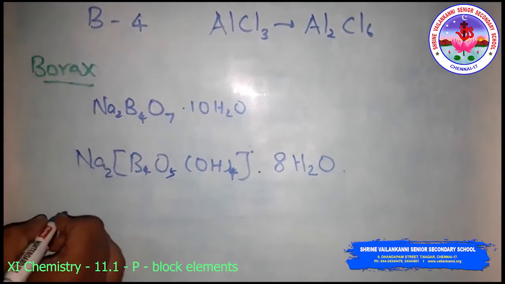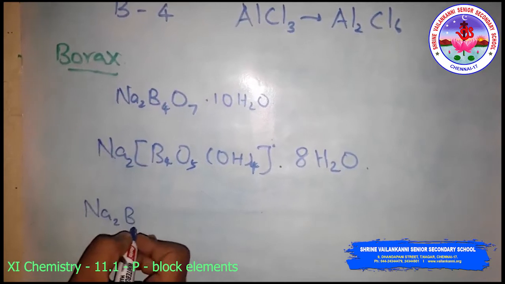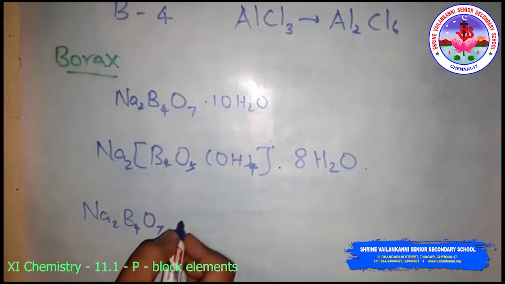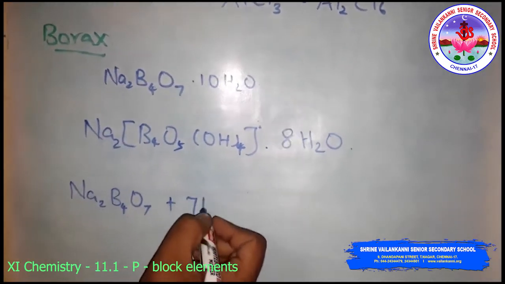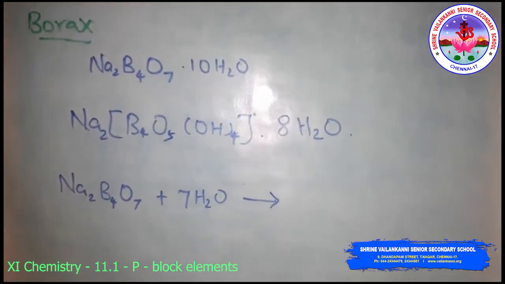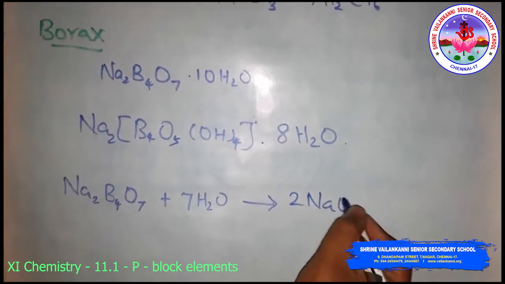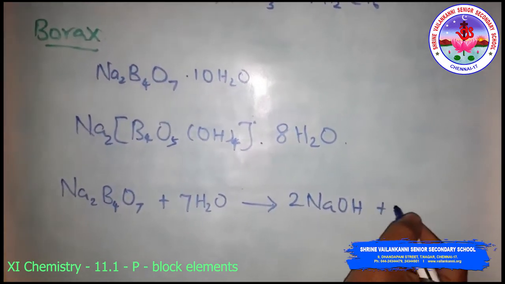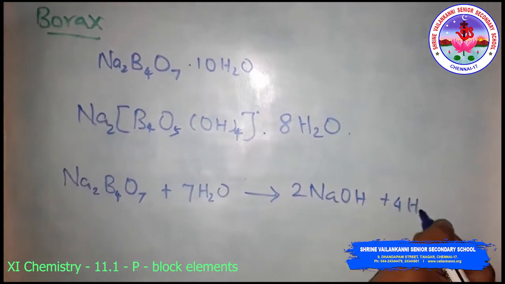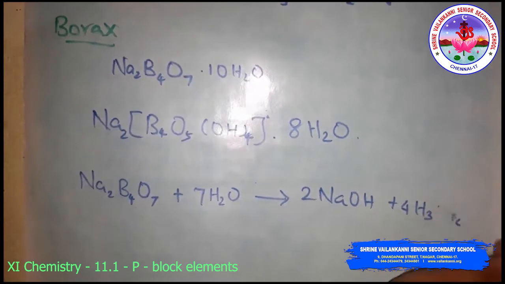We can write the equation: Na2B4O7, borax, reacts with water, that is, dissolved in water, to give orthoboric acid and sodium hydroxide: 4 moles of H3BO3.